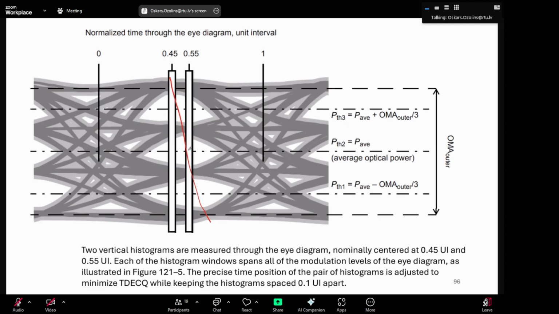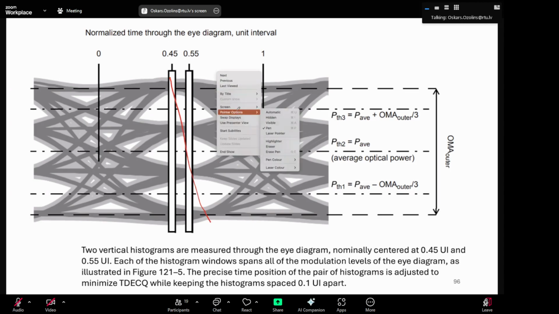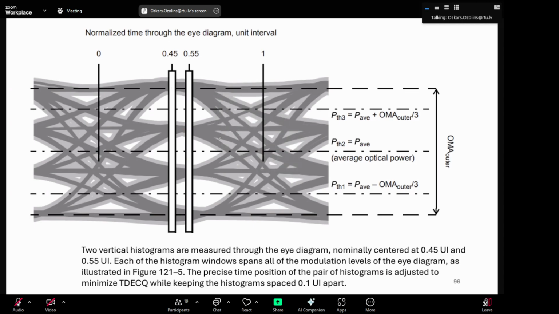So the eye becomes tilted. That also needs to be corrected. Otherwise, it will result in a penalty, because if you sample here, then at some signal to noise ratio you'll get things right here, but you will not get things right here. So that can be a potential problem.